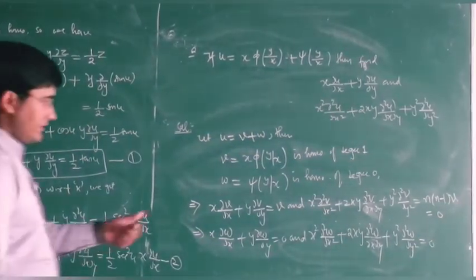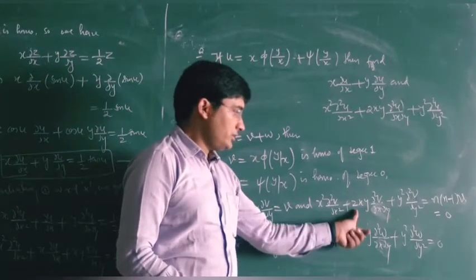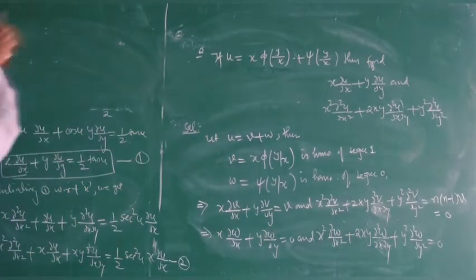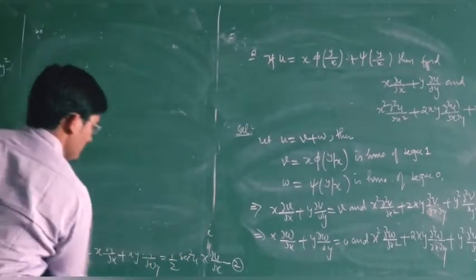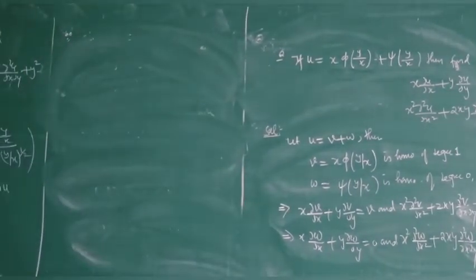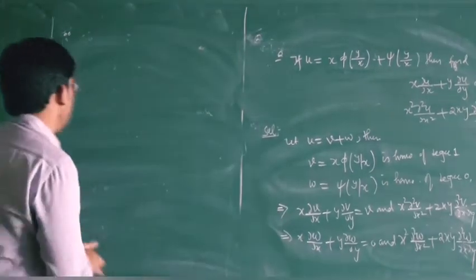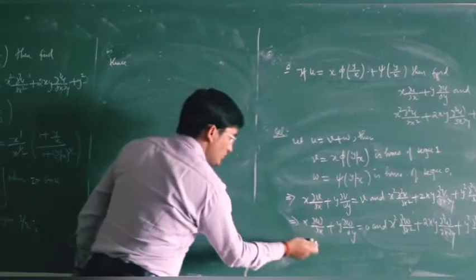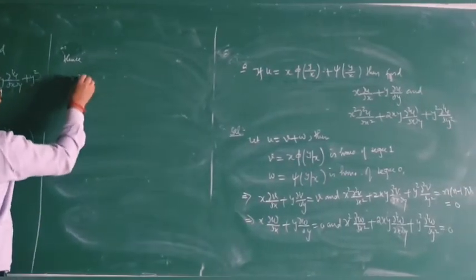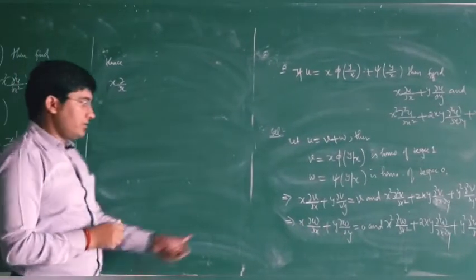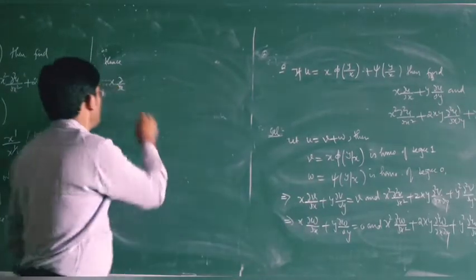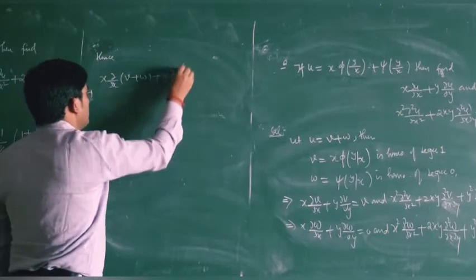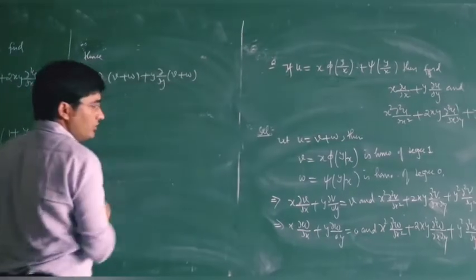So let us add these two equations. On adding these two equations we will get x del upon del x of v plus w, then y del upon del y of v plus w equal to v.